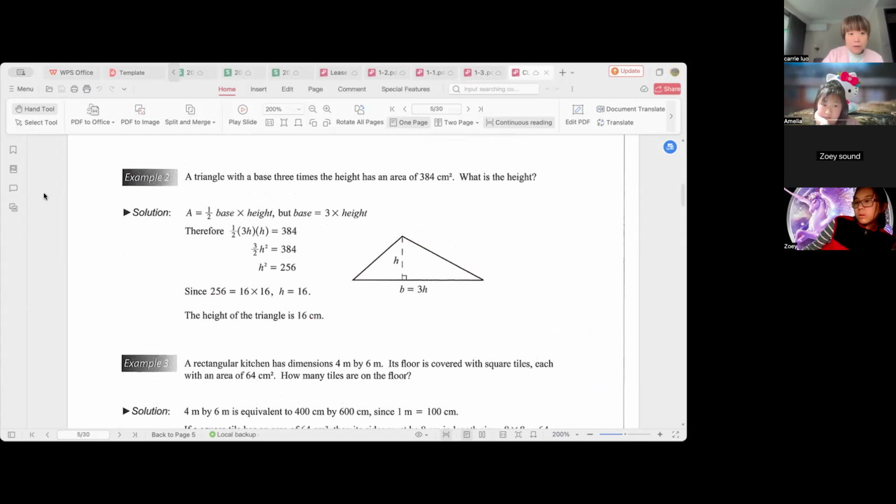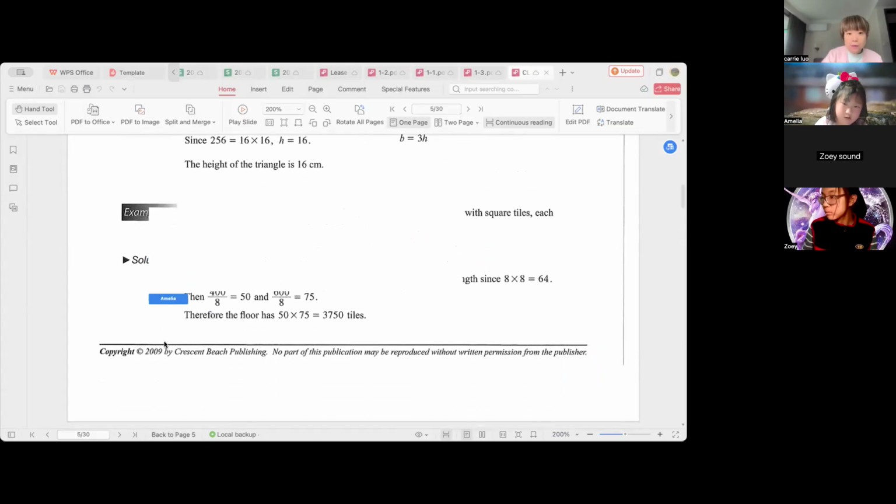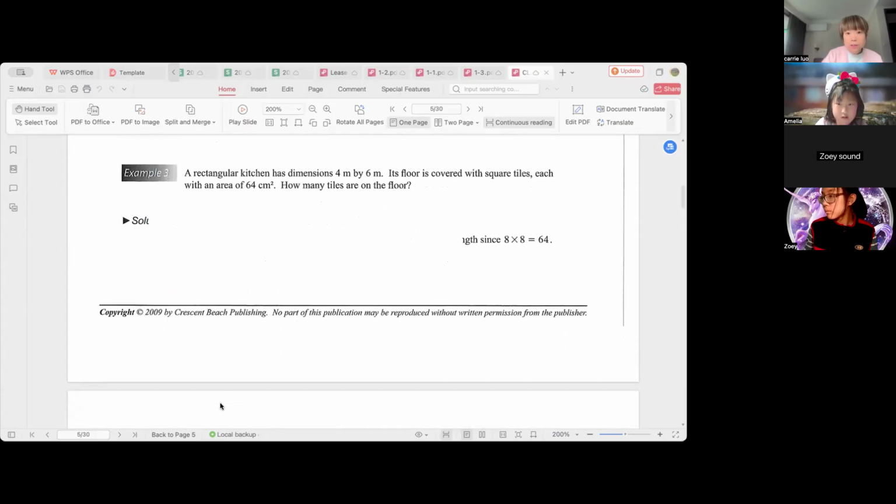Okay, so now let's take a look at number 3. A rectangular kitchen has dimensions of 4 by 6. Its floor is covered with square tiles, each with an area of 64 square centimeters. How many tiles are there on the floor? I want you to emphasize one of them, okay?